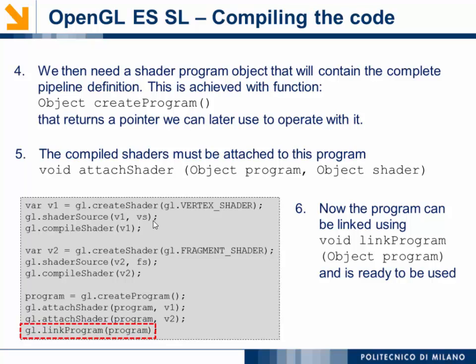And then we link everything together, along with all the functions contained in the implementation itself. We have a program that can be used. And if you remember, the first row after the part that we copy is gl.useProgram with the handle to the compiled program.